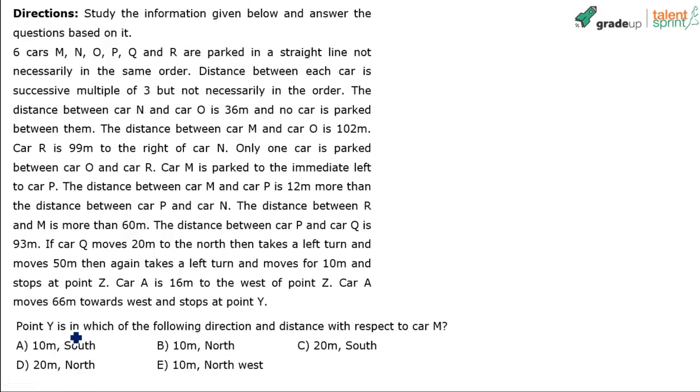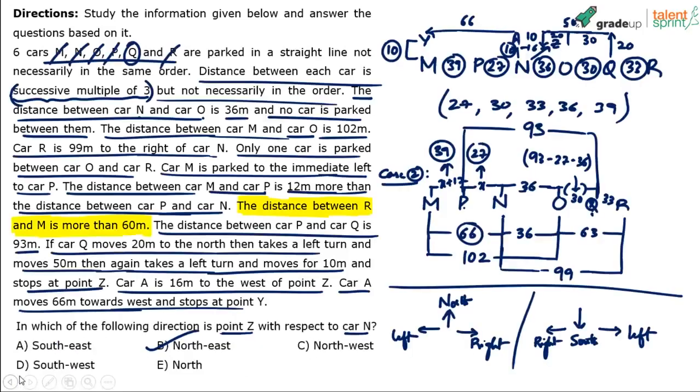Next question. Point Y is in which direction and distance with respect to M? We have to find out the direction and distance. Y is above M. Above M means Y is in the north direction, right? How much is the distance? 10 meters. Q went up 20 meters and came down only 10 meters.